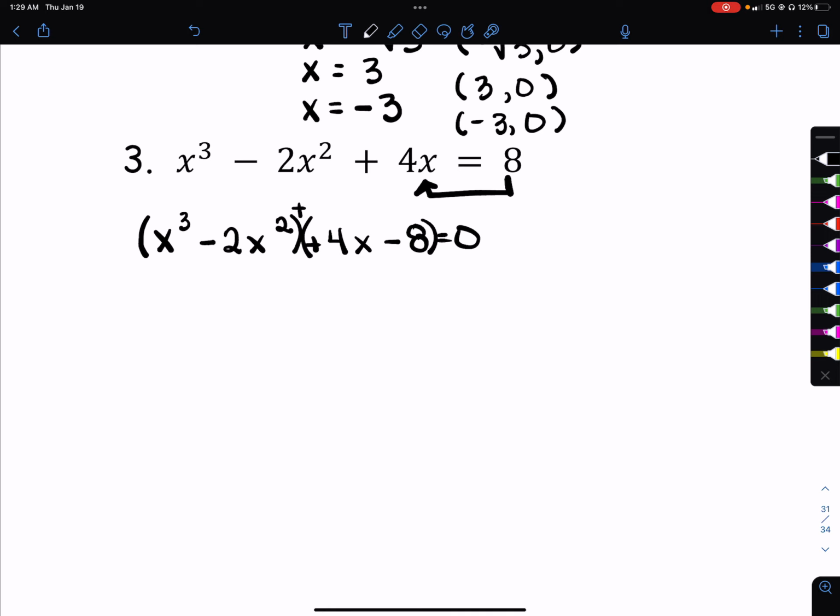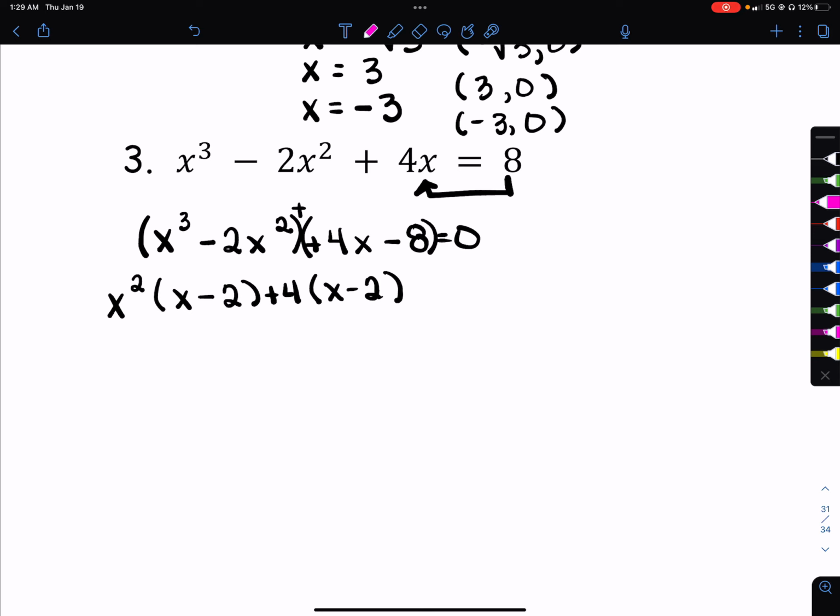The first 2 in the first binomial, what do they have in common? Well, they have x squared in common. So we factor out x squared, and then we are left with x minus 2. In the second group, what do they have in common? Well, they have a positive 4. And we're still left with x minus 2.